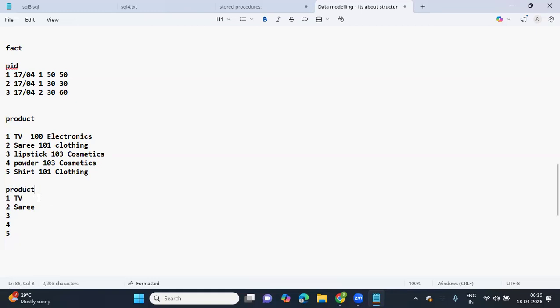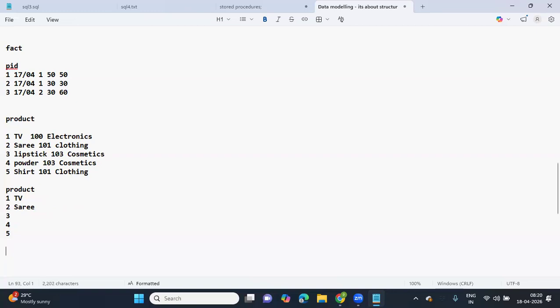Now with the product table, I'll just have the numbers so that I'll save some space. The product category ID, I'll not have it here. It will be coming from the fact table. Let's say while placing the order, it will come over there.